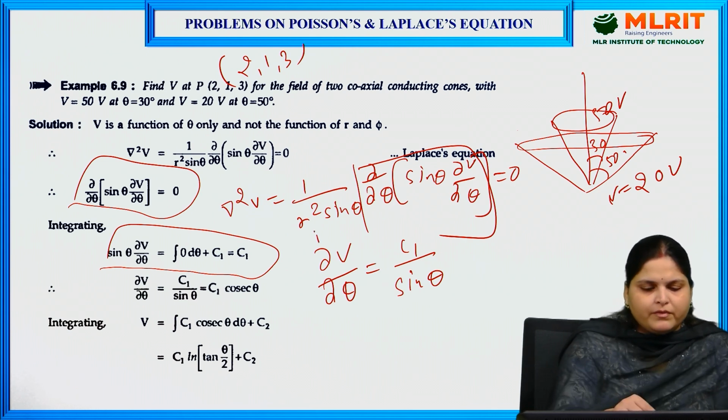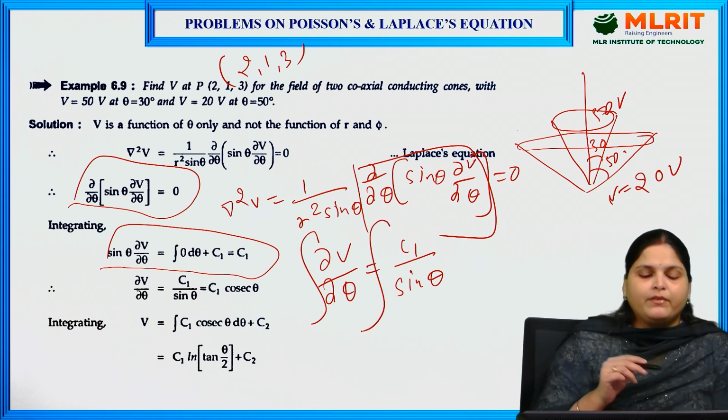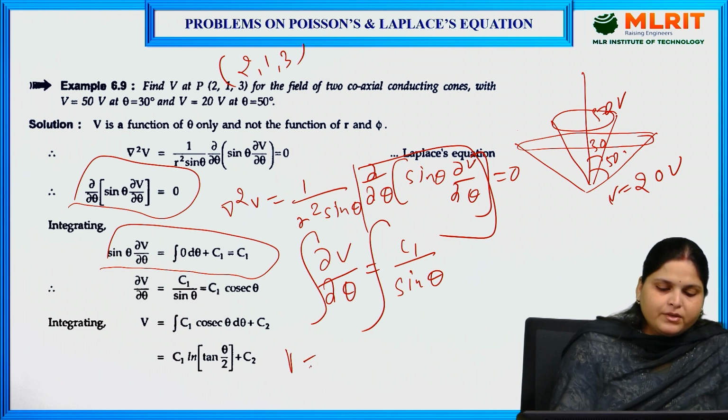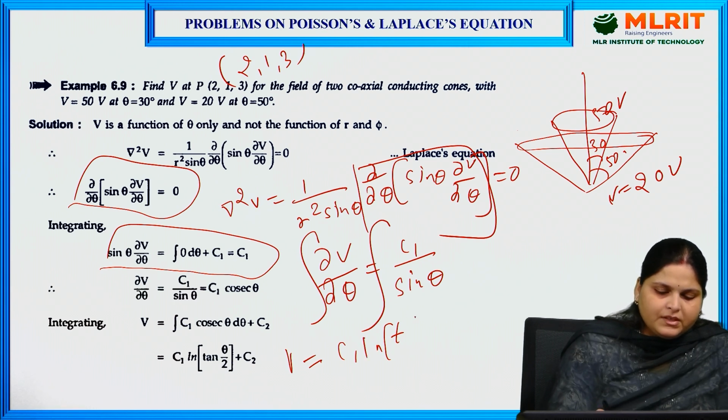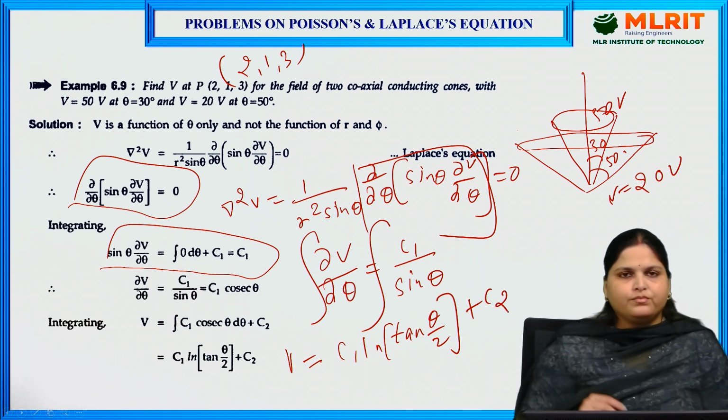Now we will integrate it again, and we get V equals C1 ln tan theta by 2 plus C2.